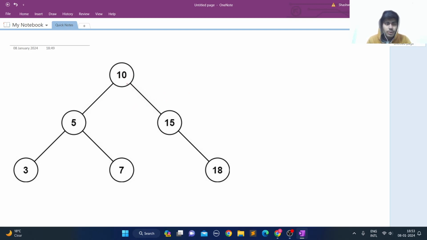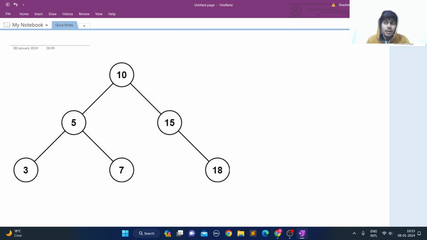Okay, so let's see whether this is a binary search tree or not. So 10, let's look to the left hand side of it. 5 is lesser than it, and then look at 5 again. Let's see to the right of it, 7. Yeah, 7 is greater than 5, and it is on the right hand side.